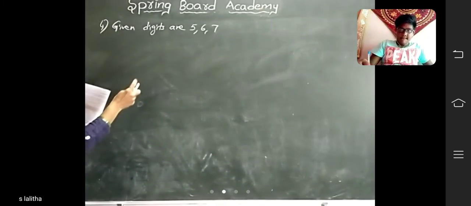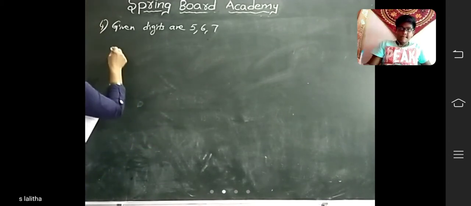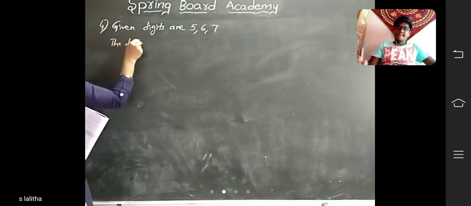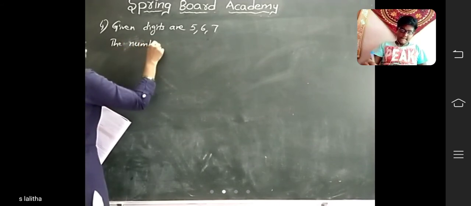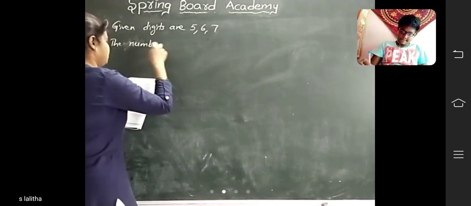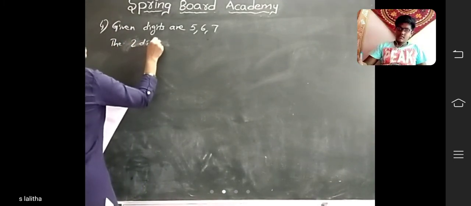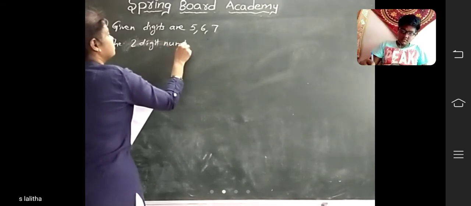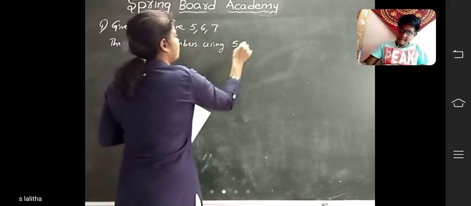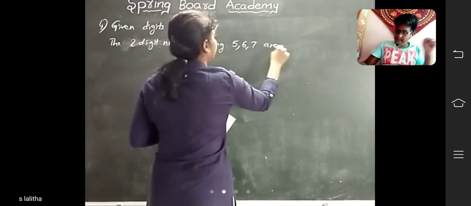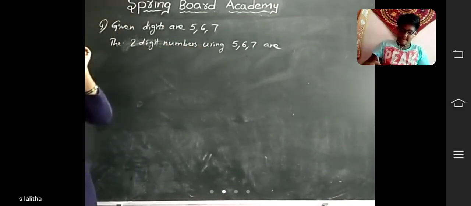Now you have to use these digits. You have to write two-digit numbers. Tell me. You can use these three digits. You can write two-digit numbers.